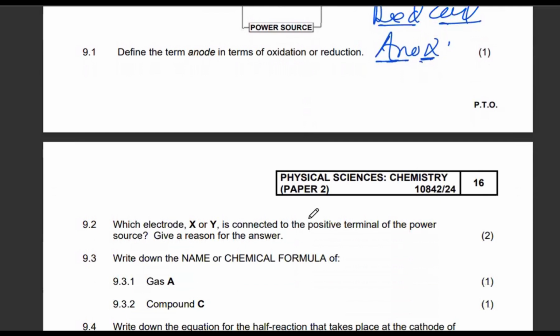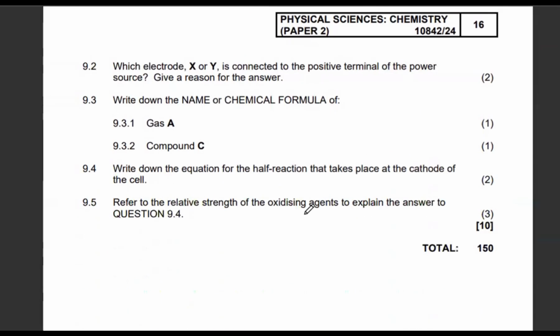However, hydrogen gas can also be accepted in this regard, but we prefer chlorine gas. Those who wrote hydrogen gas could also be correct, maybe they will give you a credit there. Write down the equation of half cell at the cathode.